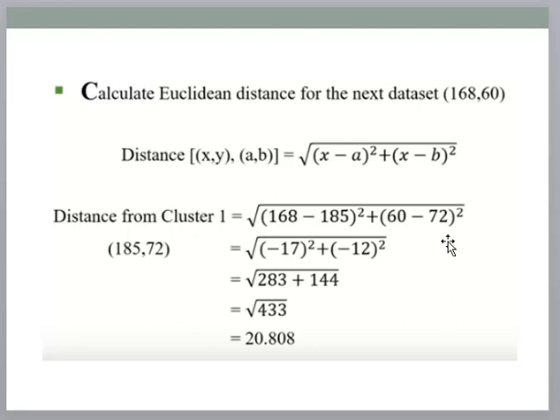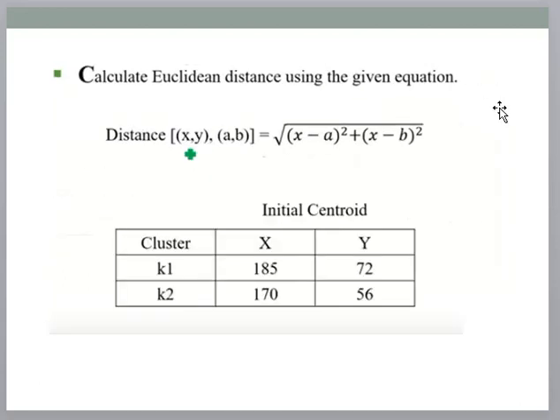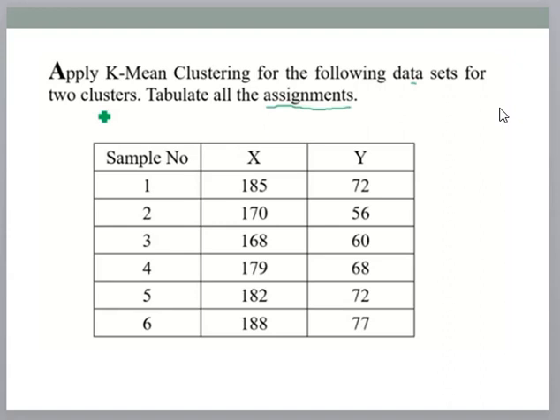Now what we are doing is we are taking the data point 168 and 60. If we go back to our table, we will see that we have already dealt with these two data points. Now I am at this position. I will calculate the distance of this point, which is 168 and 60, to both of the cluster centers.